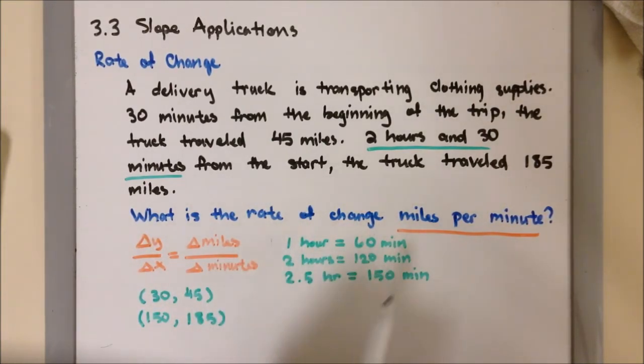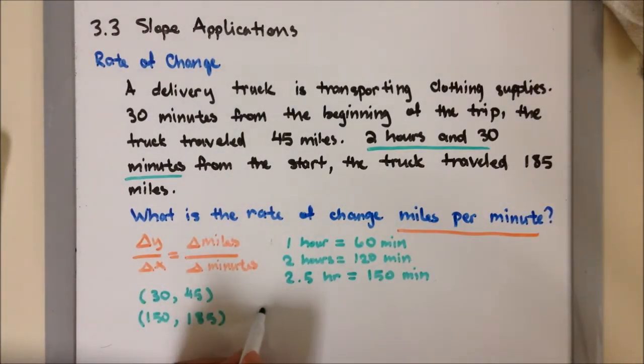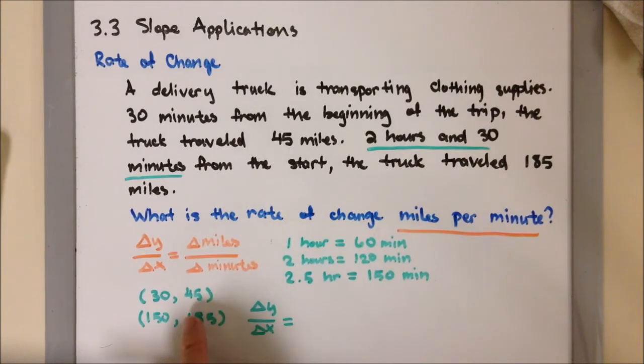Now you can do the same thing as before, x1, y1, x2, y2, and you set it up just like the formula that we did in the previous part. So my change of y, change in miles, over my change of x, change in minutes. So again, I could start with the latest, or I could start with the earliest.